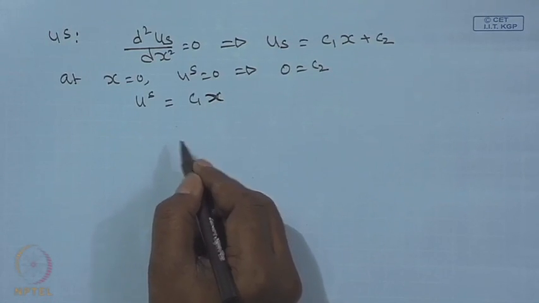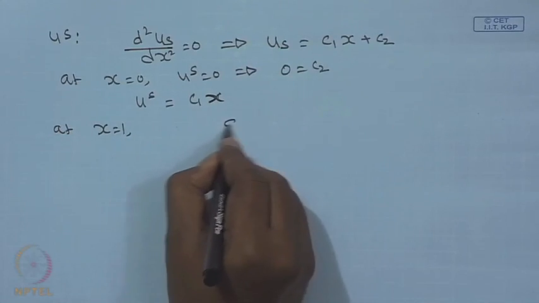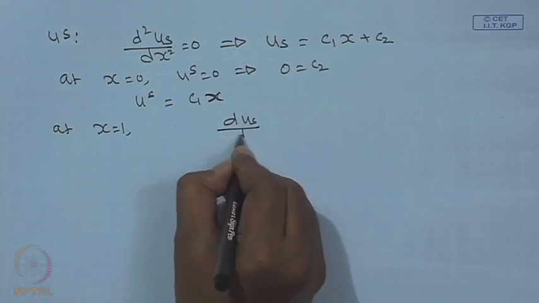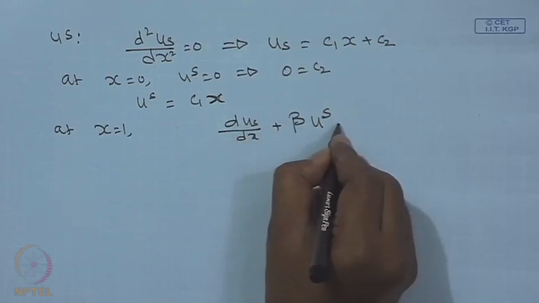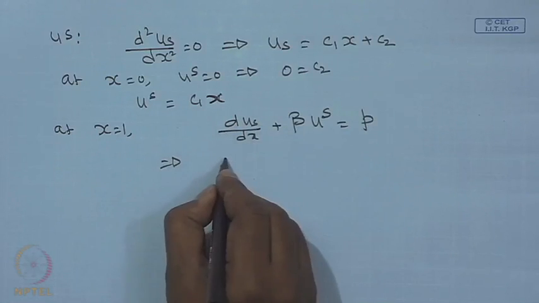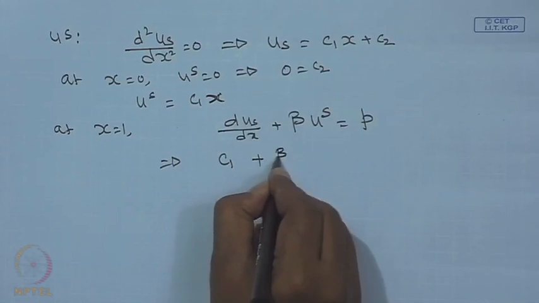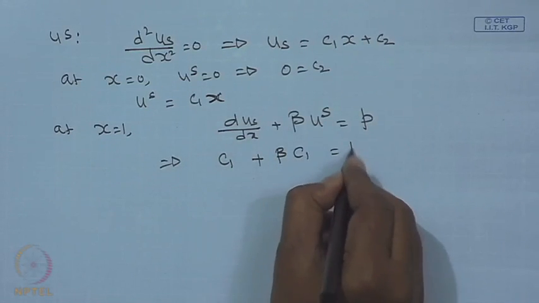Now, let us put the other boundary condition at x is equal to 1, dus dx plus beta us is equal to p. So, what is dus dx? It is nothing but C 1 plus beta us evaluated at x equal to 1. So, that is also C 1 is equal to p.